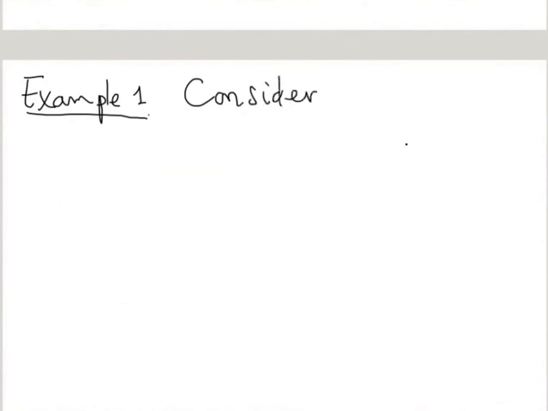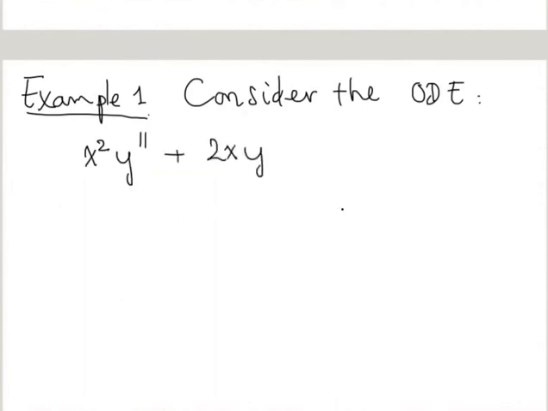Consider the following ODE, a second order differential equation: x squared y double prime plus 2x y prime minus 6y equals 0. And here we will have the condition on the independent variable that x is positive. The reason is to make the coefficient here different from 0.